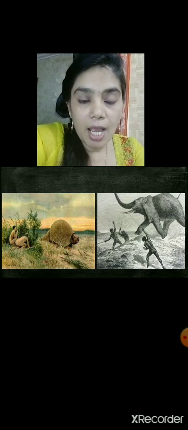You can see in the slide how they hunt with the sharp tools and weapons. There were very big, huge hairy animals, so they started hunting.